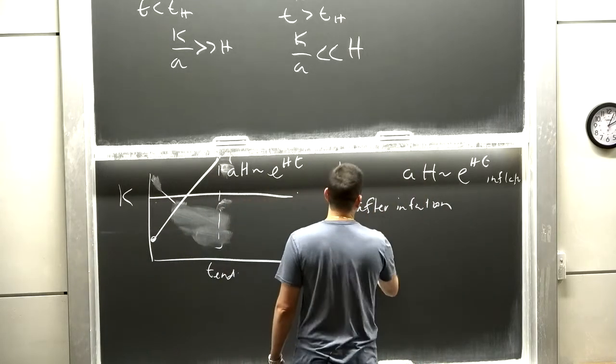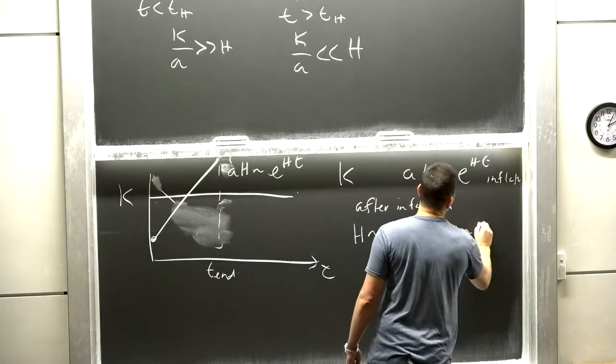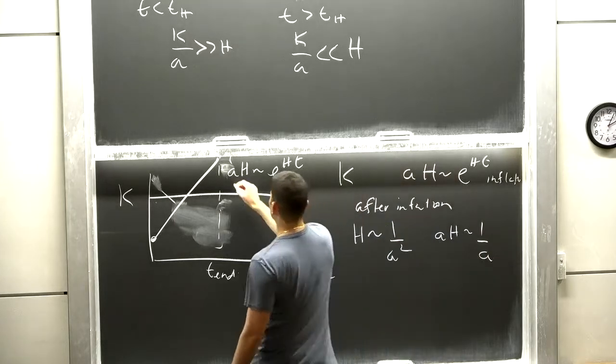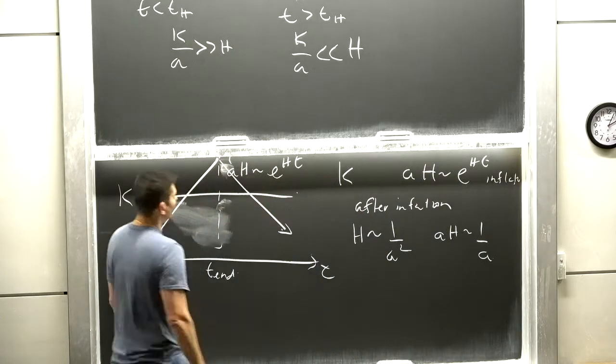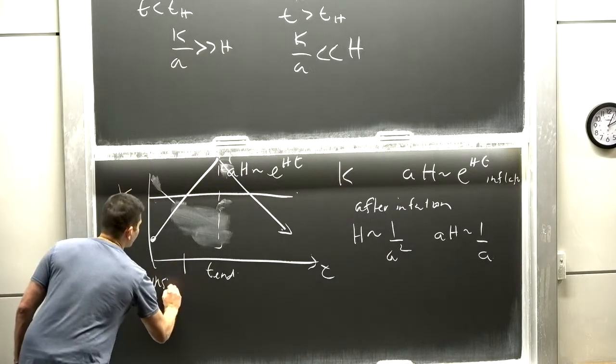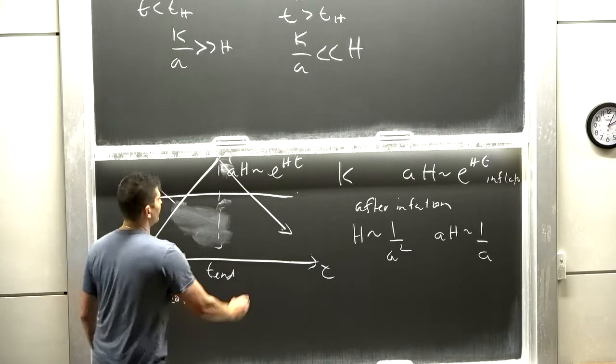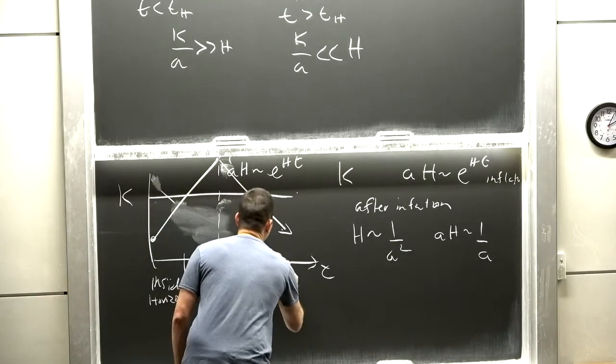So then H goes like 1 over a squared, so aH goes like 1 over a. And so this thing starts going down again. And so then the mode, so here the mode is inside the horizon, and then here the mode is inside the horizon again.